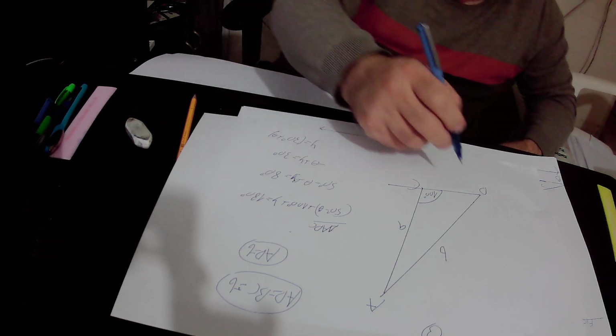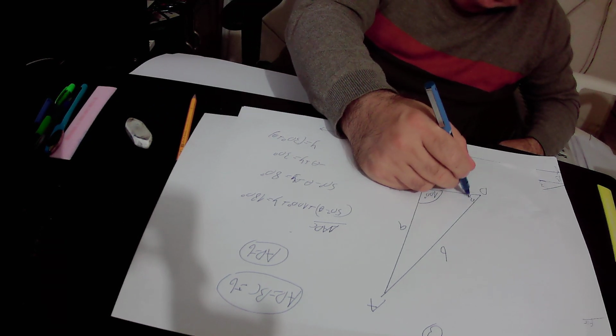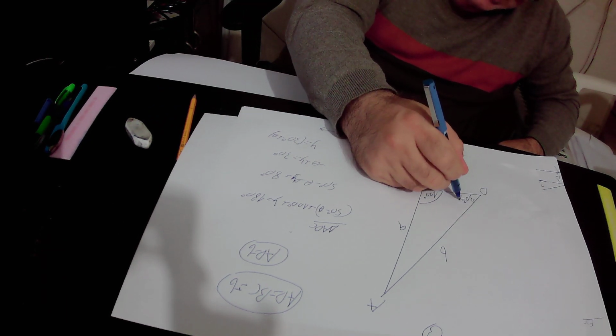So we can write here that angle ADC equals 30 degrees plus theta.